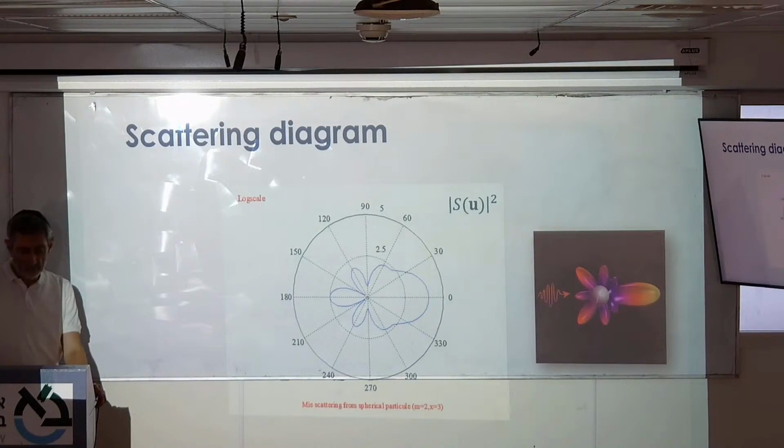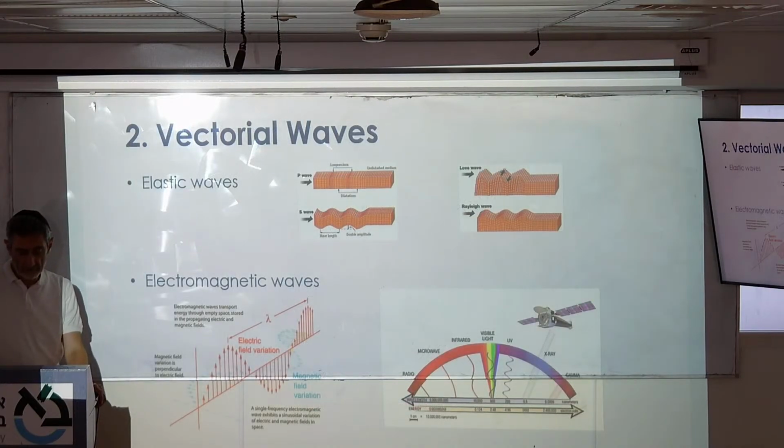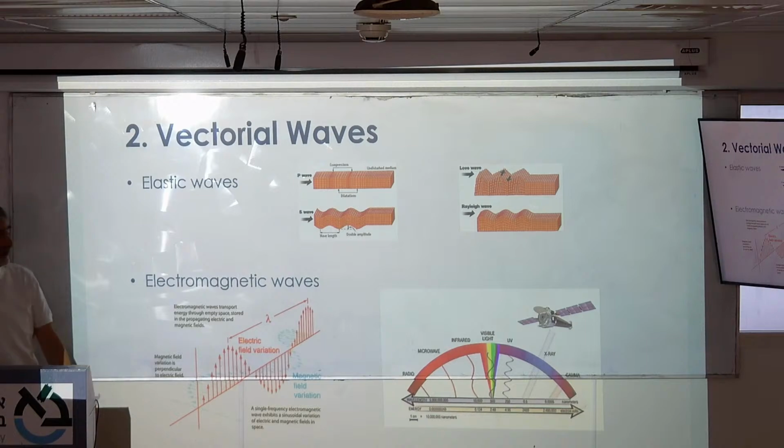So that was the physics for the simple case of scalar waves. What about if we move now to vectorial waves? A little more complicated case, not so complicated, just to give you the example.